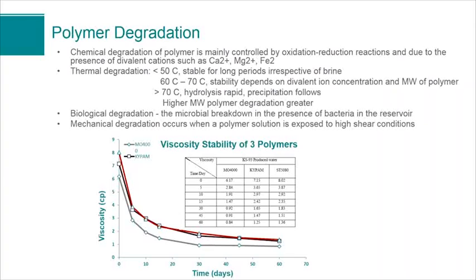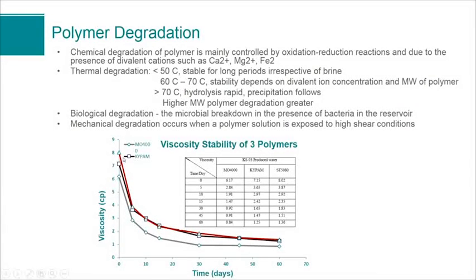There's also biological degradation, and that's caused by bacteria in the reservoir. There's also mechanical degradation that occurs when the polymer is exposed to very high shear conditions, causing breakdown of the polymer. Now this plot here is a typical plot from the lab where we see a significant amount of polymer degradation.